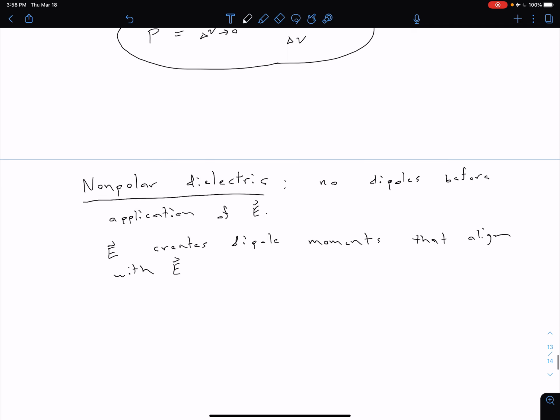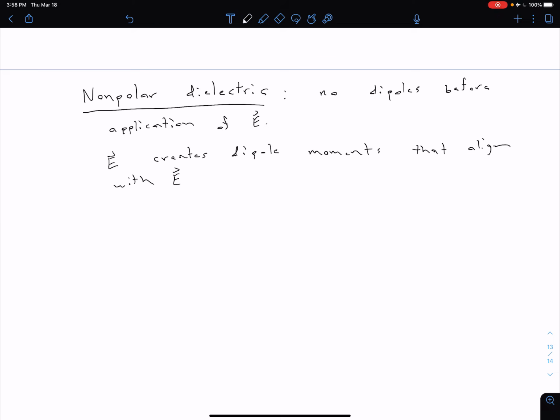The second type are polar dielectrics. In this case, there are actually already dipoles present in the molecule or in the structure before application of an E field. So a polar dielectric is basically a molecule that has dipoles.